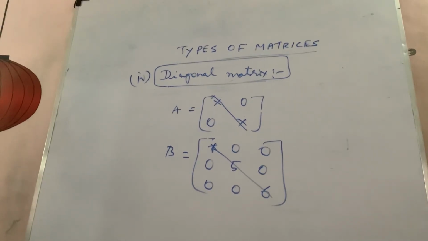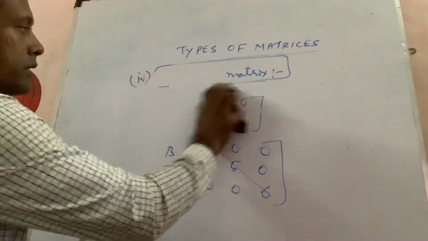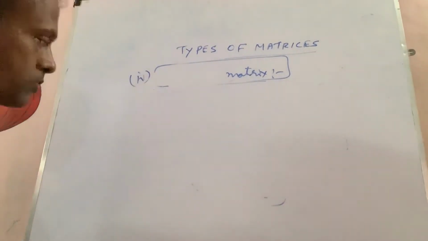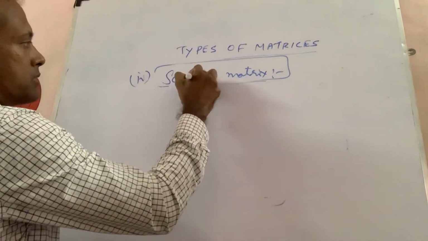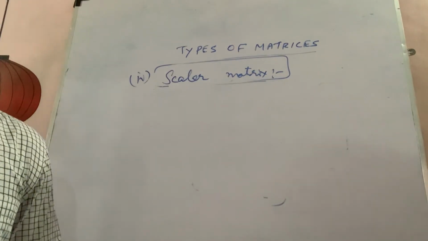Okay. So next one, what is next type of matrix? I'll call it a scalar matrix. So what is a scalar matrix?